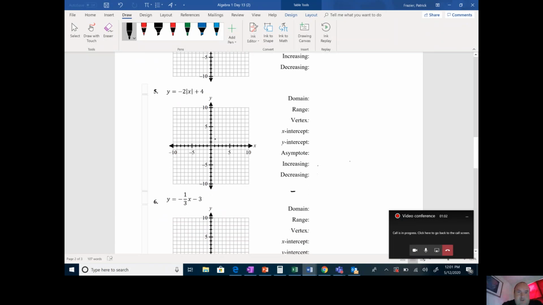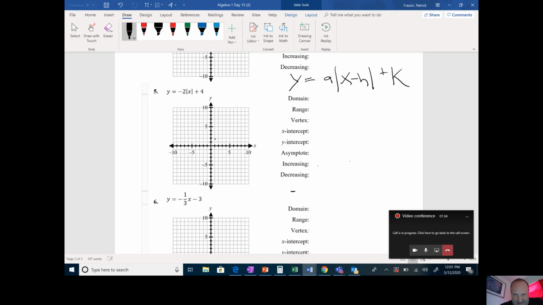So in problem 5, we have y equals negative 2 times the absolute value of x plus 4. Bear in mind that is also something very similar to the vertex form, but for absolute values, it's y equals a times the absolute value of x minus h plus k.